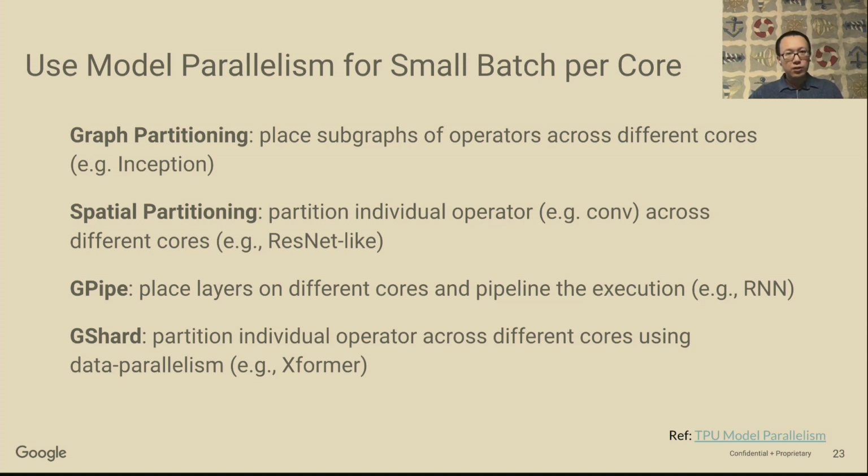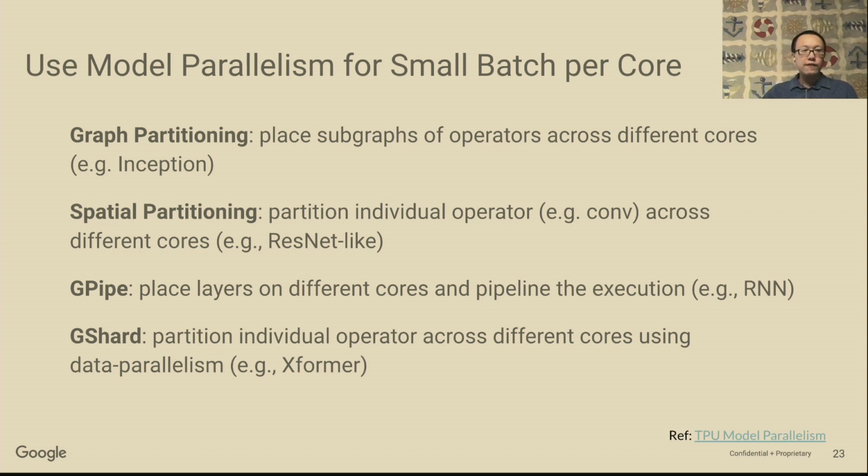There are a lot of different types of model parallelism that are supported on TPU. So we have graph partitioning, where the user just annotates on the model which part you want to run on which device. And the compiler will insert the necessary communication and optimize that to overlap with computation to make it as efficient as possible. We have spatial partitioning, especially for image models, and I will talk about it in the next few slides.